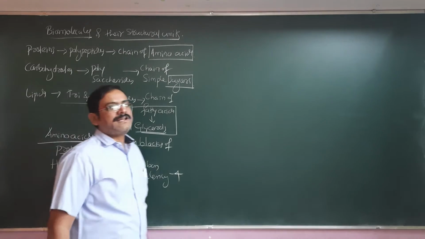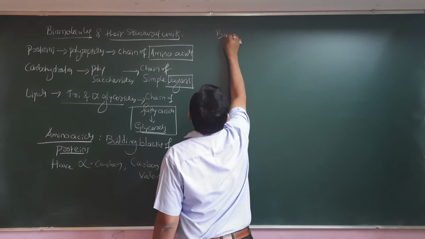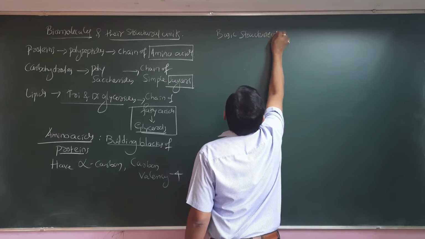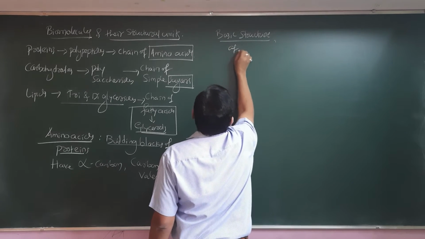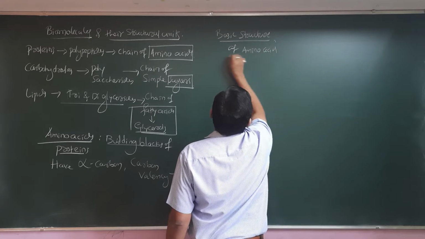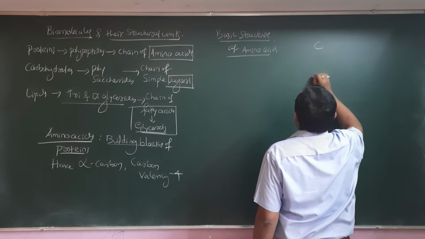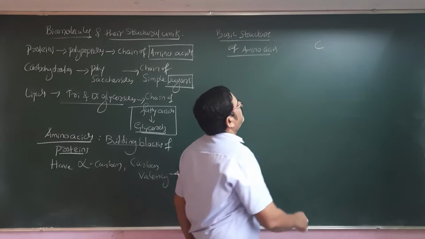The basic structure of an amino acid: here is the carbon, which we call the alpha carbon. The carbon has 4 valency.